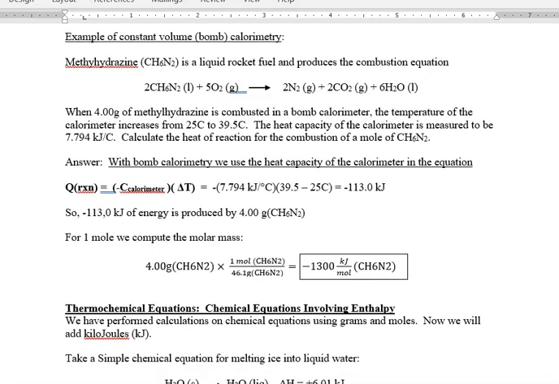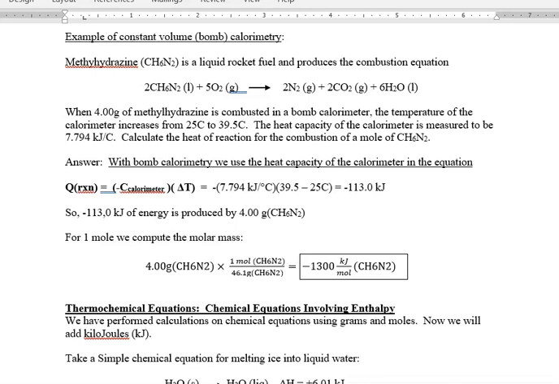So here's an example of constant volume bomb calorimetry, and there's CH6N2. It's a rocket fuel, so it's clearly an exothermic reaction. It's going to put out heat, and there's the reaction. So when 4 grams of methyl hydrazine is combusted in a bomb calorimeter, the temperature of the calorimeter increases from 25 centigrade to 39.5 centigrade.